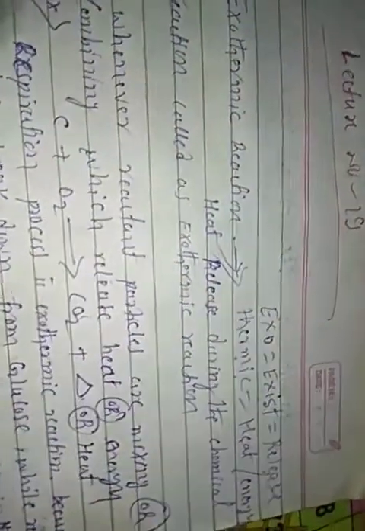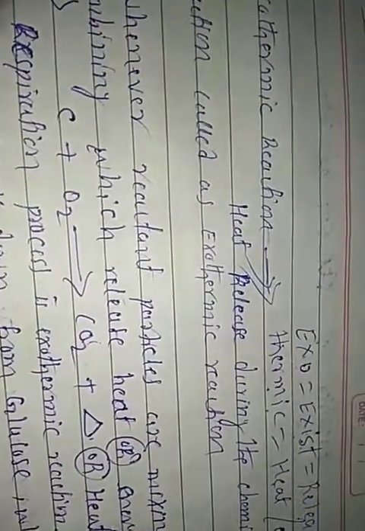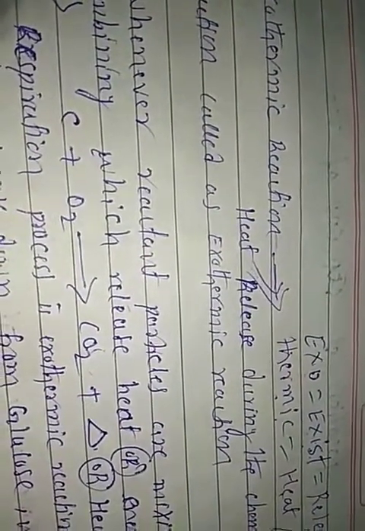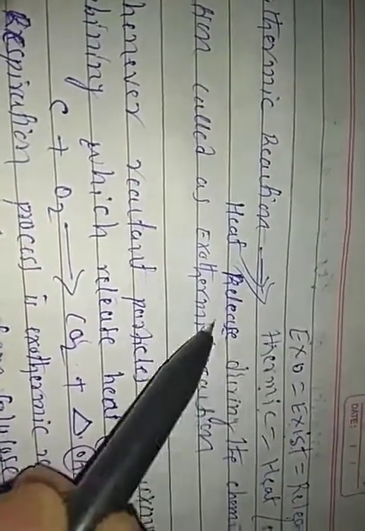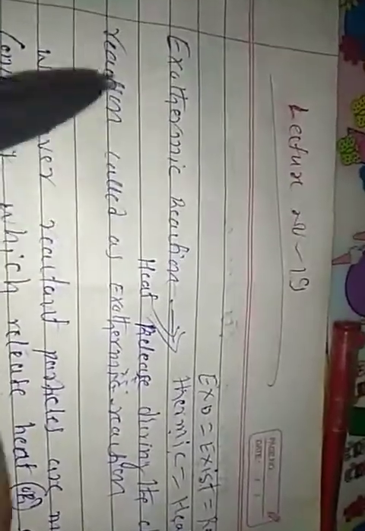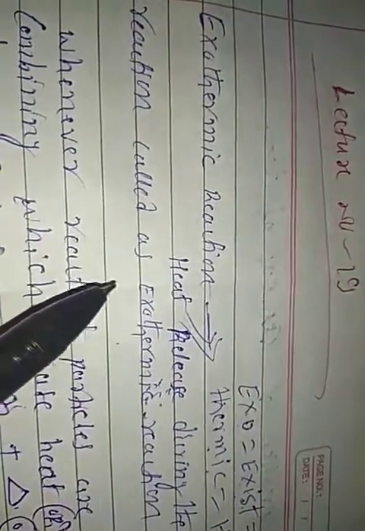So what reactions are there? We have discussed 6 types of reactions: combination reaction, decomposition reaction, displacement reaction, double displacement reaction, oxidation reaction, and reduction reaction. In these 6 types of reactions, in some reactions, when reactant particles react with each other, they release an amount of heat.